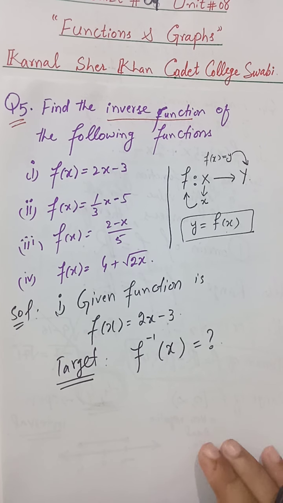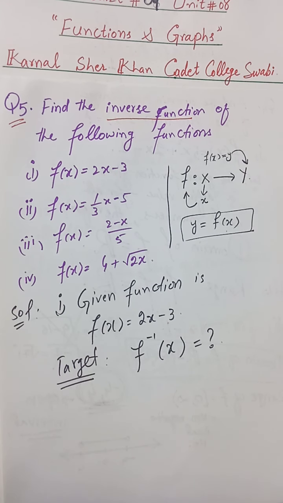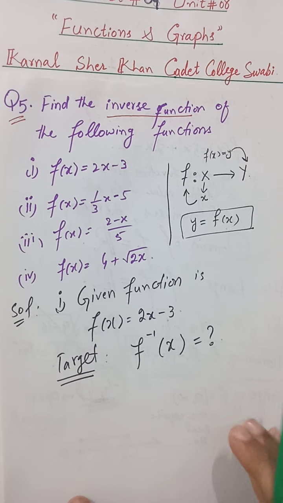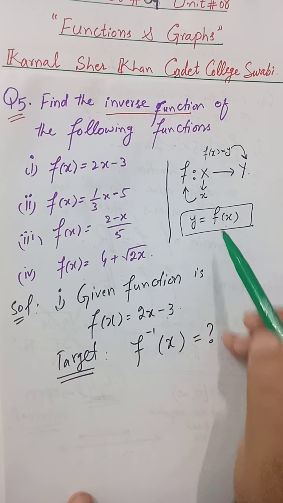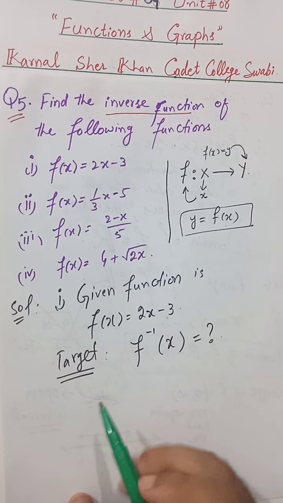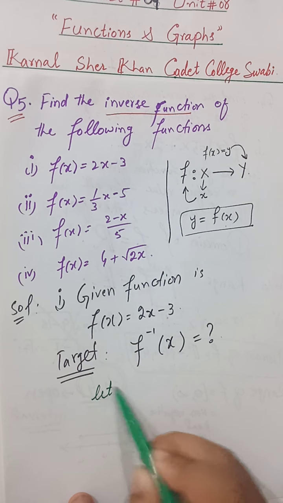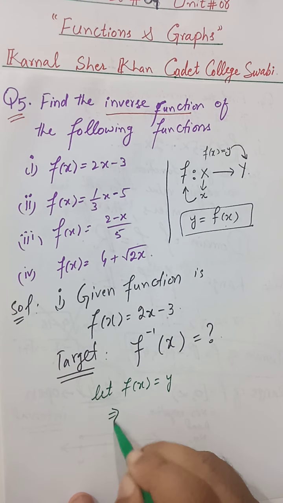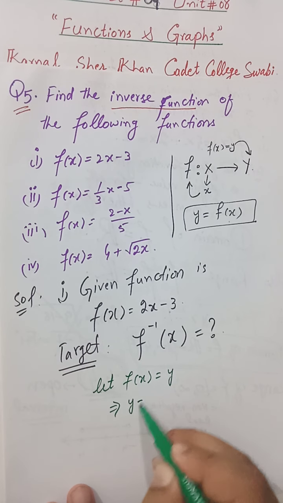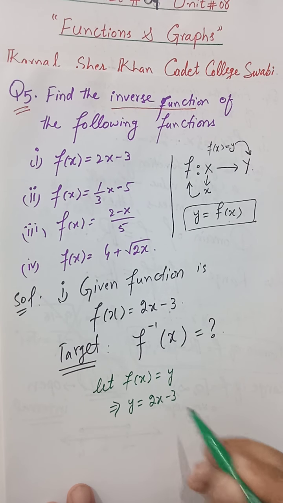Now in step number 1, we set f of x equal to y. So in the first step, let f of x is equal to y. This implies that y is equal to 2x minus 3.